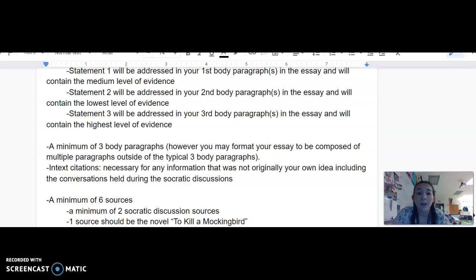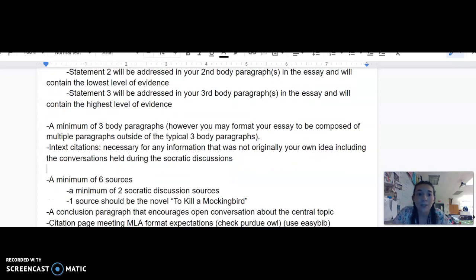Alright, you must also have in-text citations. That would be your typical necessary information that was not originally your own idea, including the conversations held during the Socratic discussions. On Schoology, there's a link that says how to cite interviews.